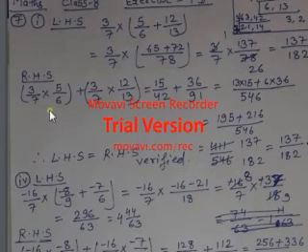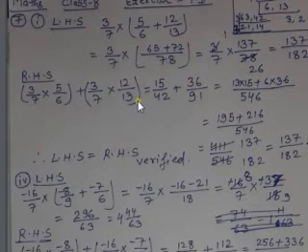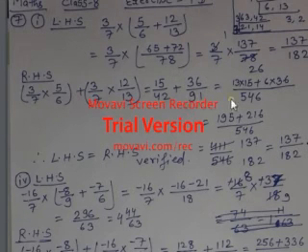In the same way, RHS is 3 by 7 into 5 by 6 plus 3 by 7 into 12 by 13. What happens? 5 3s are 15 and 7 6s are 42. In the same way, 3 12s are 36 and 13 7s are 91. We have taken the LCM. Of course, you can cancel it over here itself, and you can make your LCM smaller, like 3 5s are 15 and 14 3s are 42.